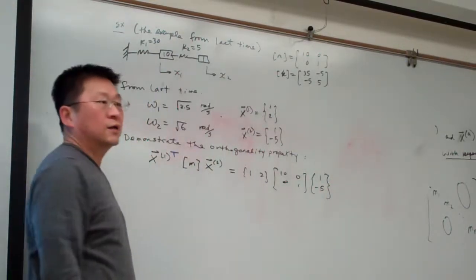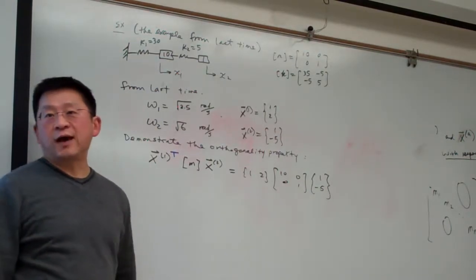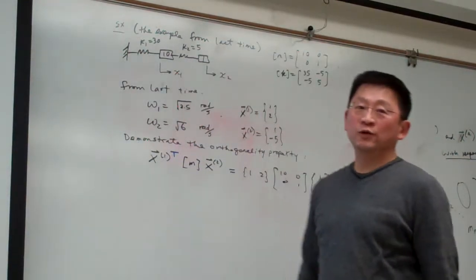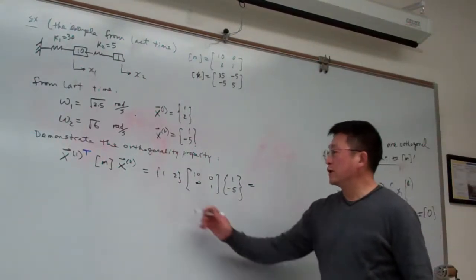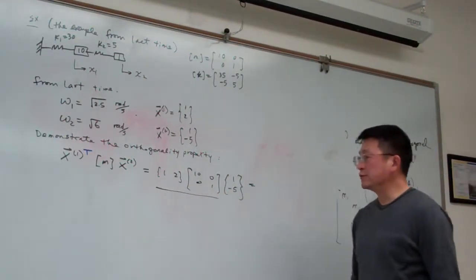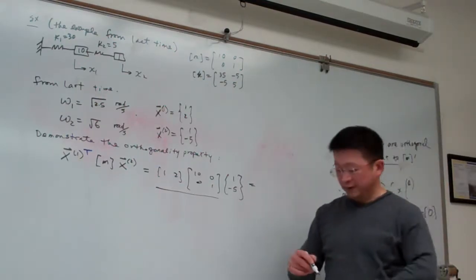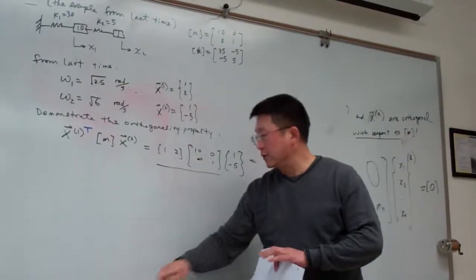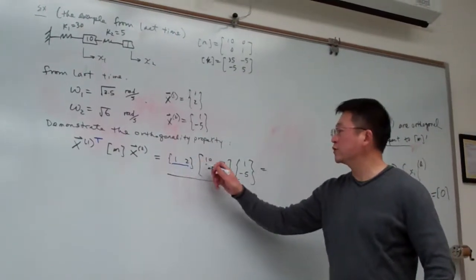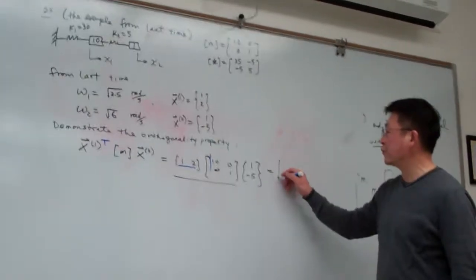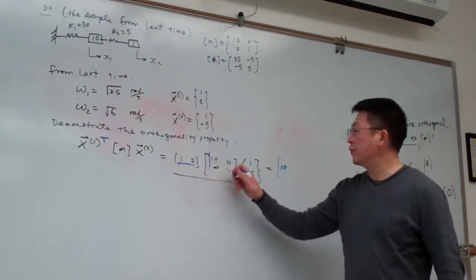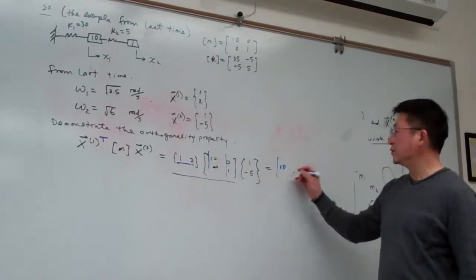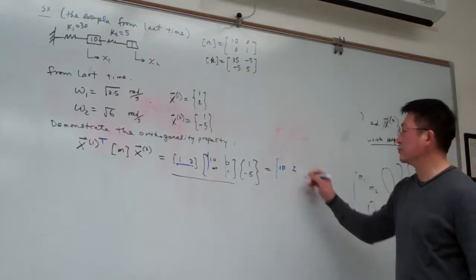This can be easily implemented in MATLAB, but during the calculation we can do this step by step the first time. Let me work on the first two first. This row multiplied with this column equals 10, and this row multiplied with this column equals 2.